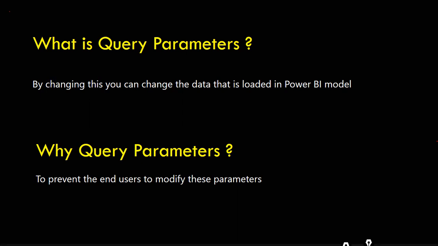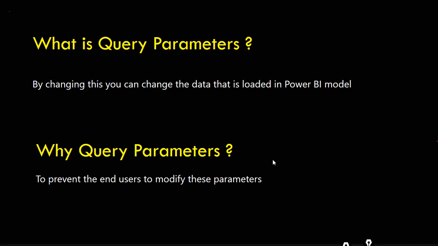In that kind of situation, if you want to change the output of your query dynamically, we will be using query parameters. By changing the values for the parameters, you can change the output of the data that is loaded in your Power BI model. That is what Power Query parameters are.